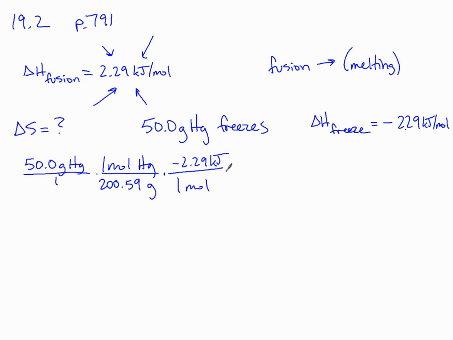And then let's change it to joules because Q is typically in joules. Here's the conversion. And when you put this in your calculator, you should end up with something around negative 571 joules.